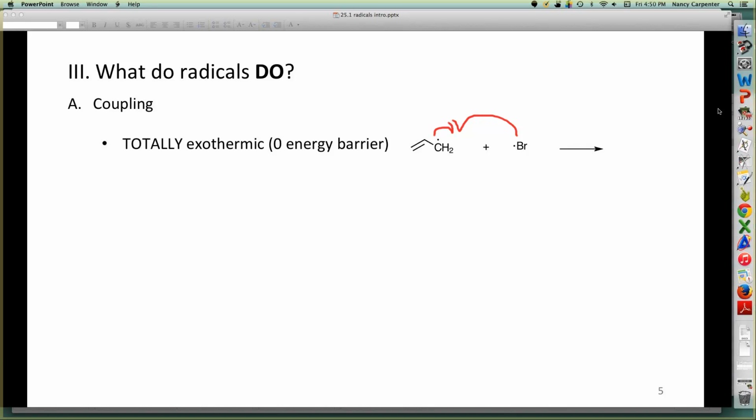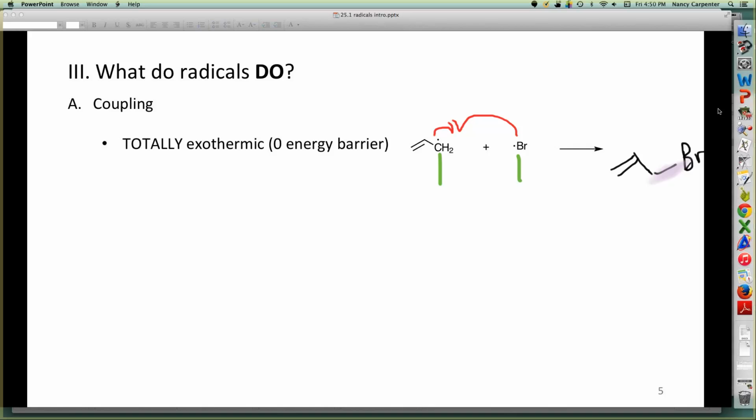So that's what those 2 electron movement arrows signify, that the product of this particular step, this coupling step, is actually making a new bond right here between this carbon and this bromine. So it kind of looks like they're joining in midair, but I can't really animate this. The bromine and the allyl radical are moving towards one another, and when they get close enough together they couple, making a new sp3 sp3 sigma bond.